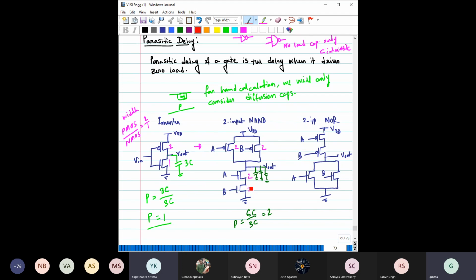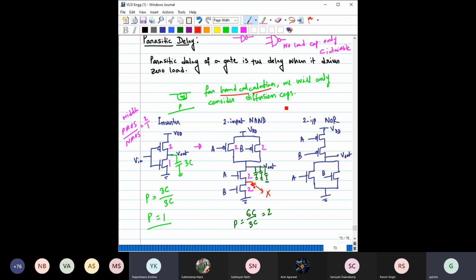Truly speaking, you will also have some capacitance from this node to ground. So we are not considering this. All these internal node capacitances are also being ignored for this hand calculation, as well. Only diffusion capacitance.